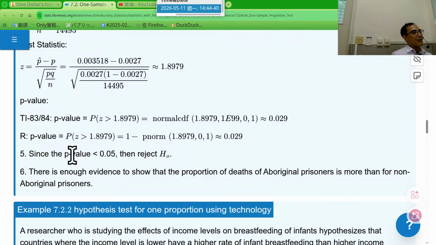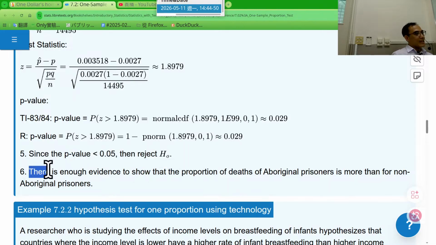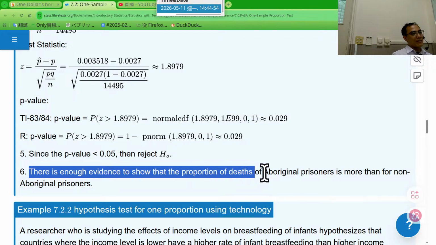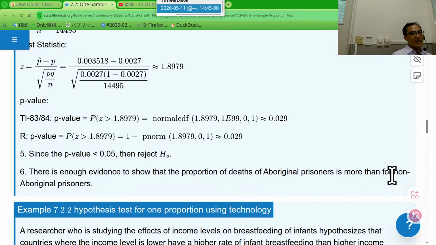But after our calculation, we found that the probability is very, very small, smaller than 5%. The p-value is less than 0.05. There is enough evidence to show that the proportion of deaths of Aboriginal prisoners is more than that of non-Aboriginal prisoners.